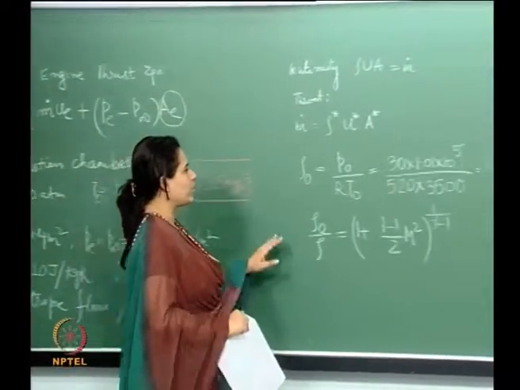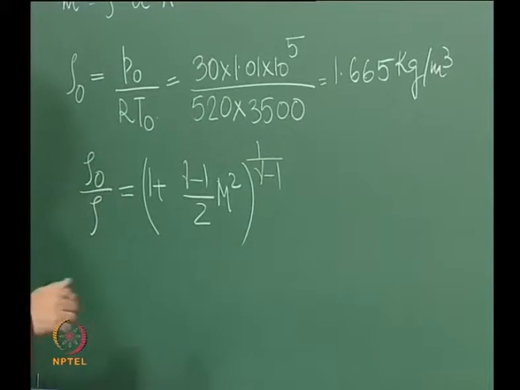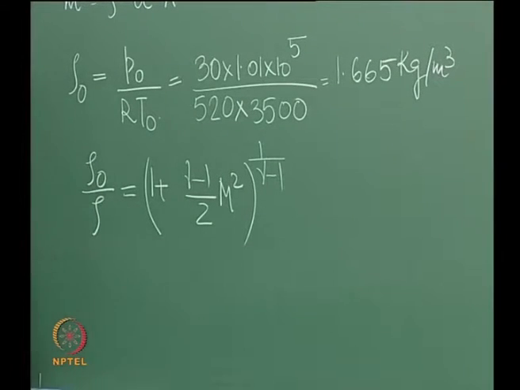Now, rho naught is something that we have calculated. Now, let us take rho star, which is at the throat.